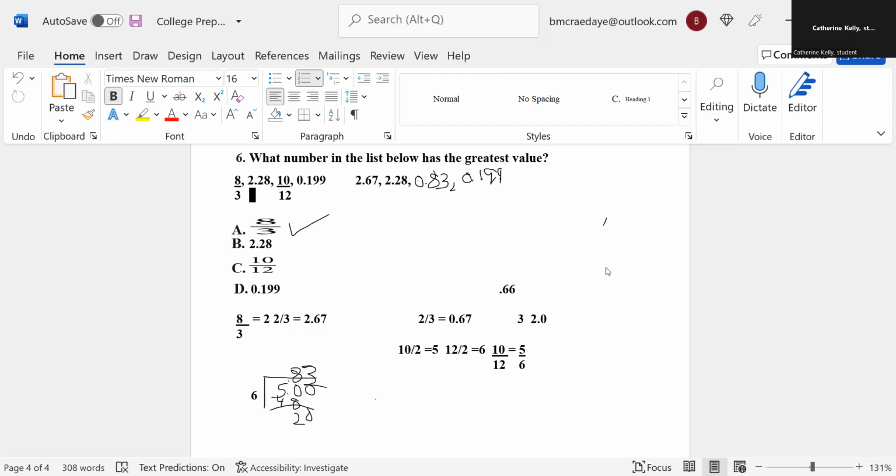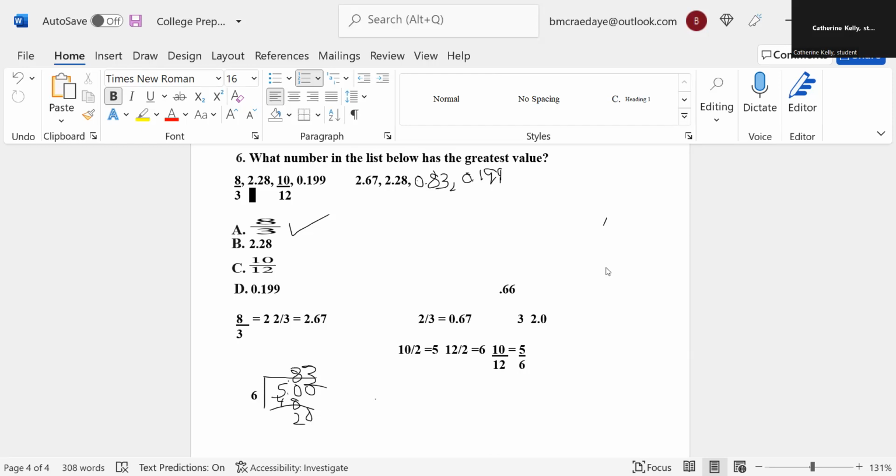But the thing is, when you're making a comparison, Catherine, you have to get them in the same format. So if you have fractions and decimals, you probably need to get them all in the same form. You can convert. Sometimes it's easier to go the other way. Here, it was easier to take the 2 fractions and make them decimals, right?